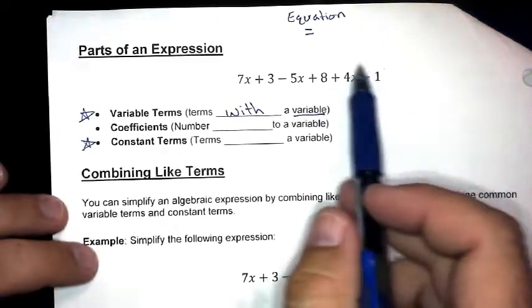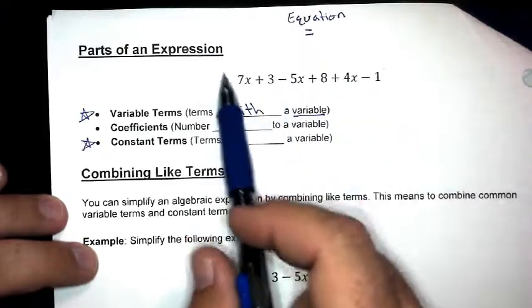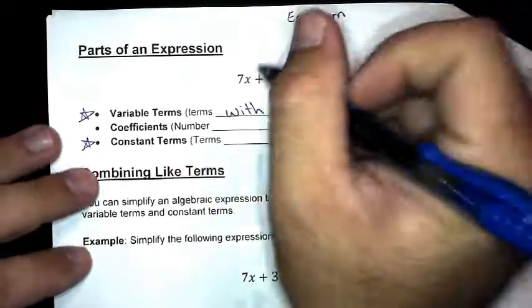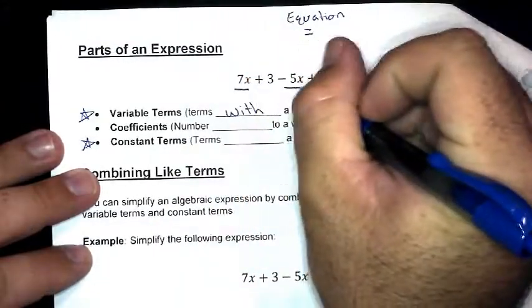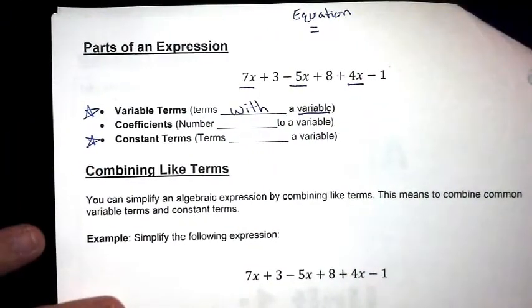Now, looking up here, who can tell me all my variable terms? Who can take a guess? Yes, ma'am. 7x, 5x, and 4x is almost correct.